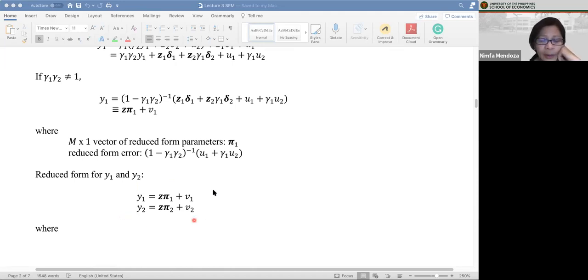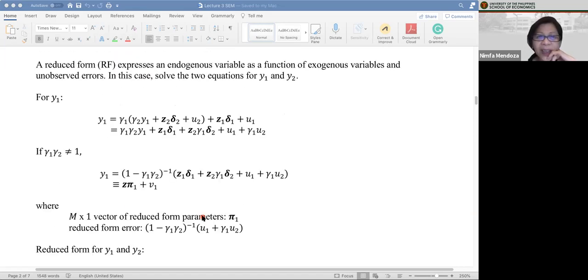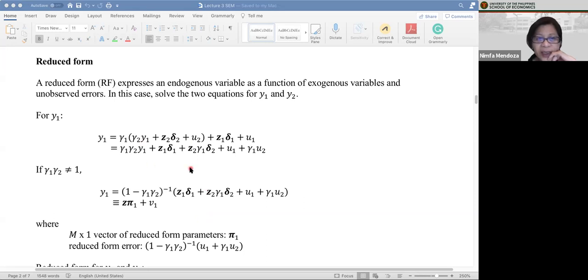For those who are doing papers that involve econometrics, sometimes the models used do not really have strong theoretical underpinnings. So they just start with reduced form equations rather than structural equations.